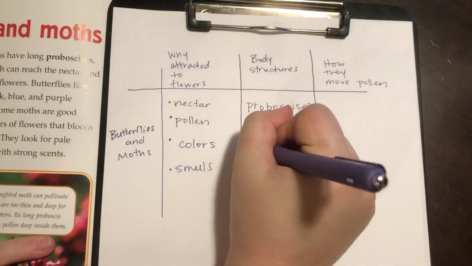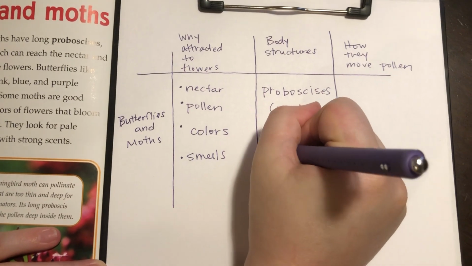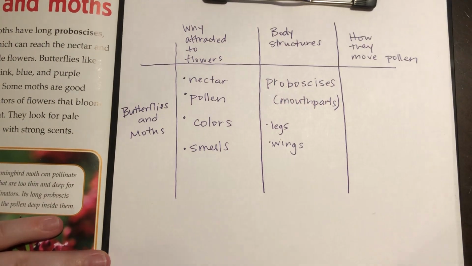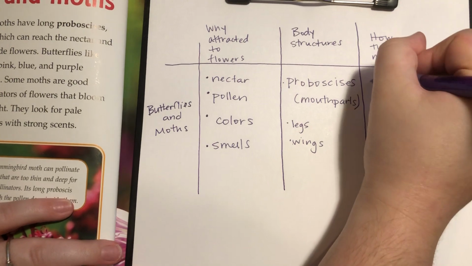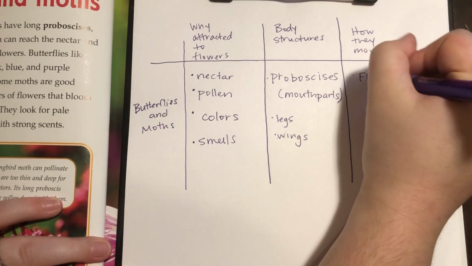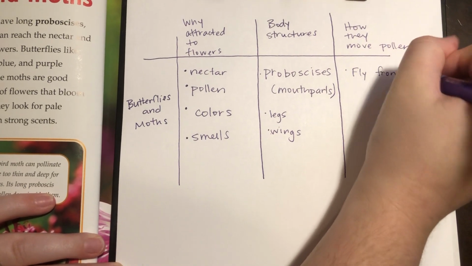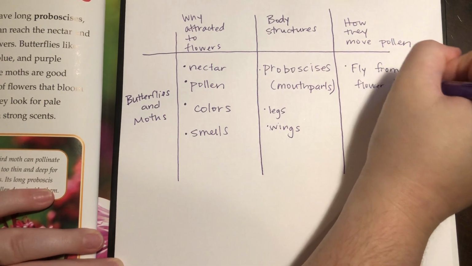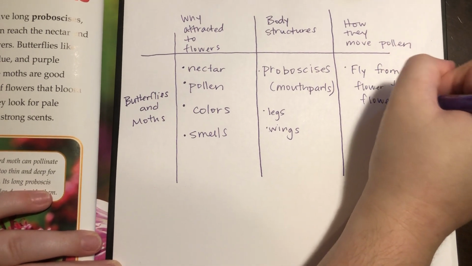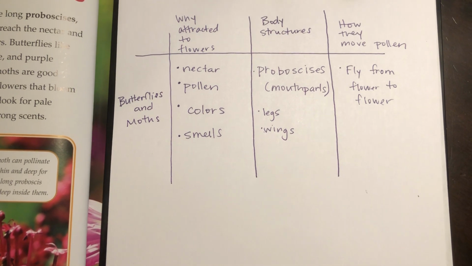So we can also say legs and wings. And how they move pollen, again, the wings would help them fly from flower to flower.